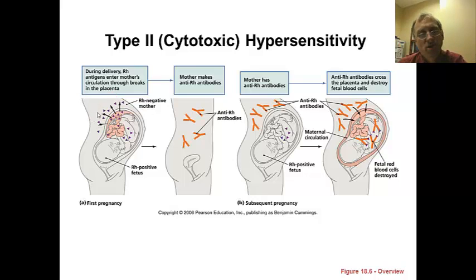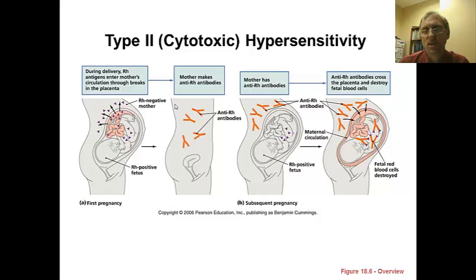This is where the trouble actually starts, because once this Rh positive blood enters the mom's circulation, the mom ends up making an antibody against the Rh antigen. This becomes a problem during the subsequent pregnancy, during the second pregnancy.